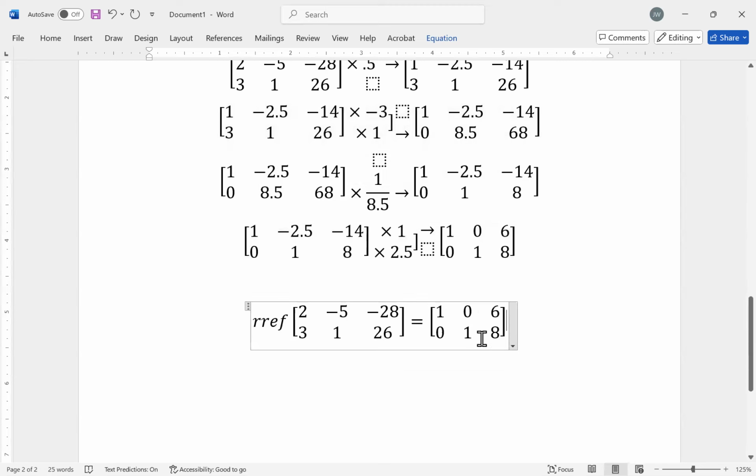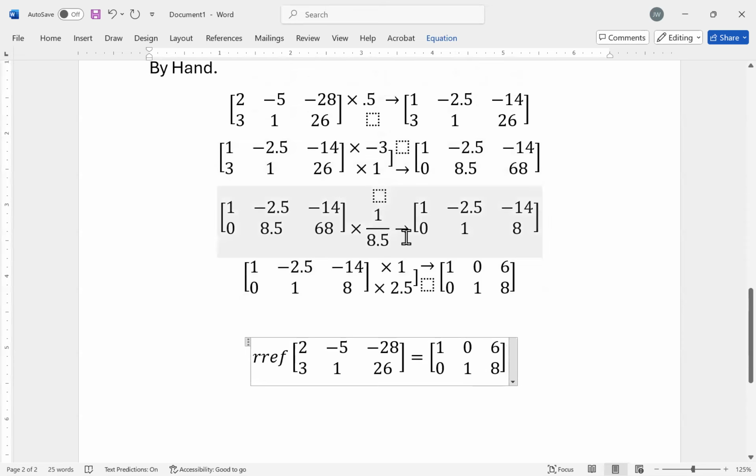You could imagine if you did a 3-row matrix or a 4-row matrix or a 5-row matrix, that every pivot position is causing two steps, because I have to make the pivot position 1, and then I may have to make everything below and above it zeros. If I had a matrix with 3 rows, there'd be a lot of zeros. So doing this by hand would take quite a lot of time on big matrices.